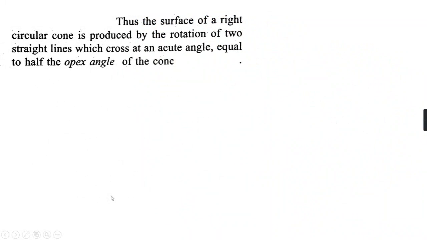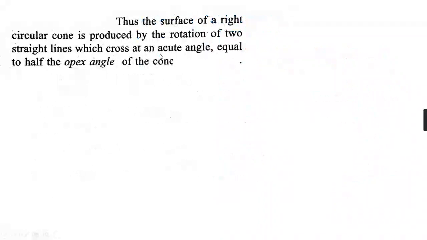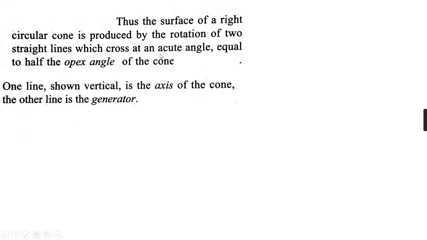Thus, the surface of a right circular cone is produced by rotation of two straight lines which cross at an acute angle equal to half of the apex angle of the cone. This angle is called the apex angle. One line shown vertical is the axis of the cone, the other line is the generator. Each of the double cone is called a nappe.